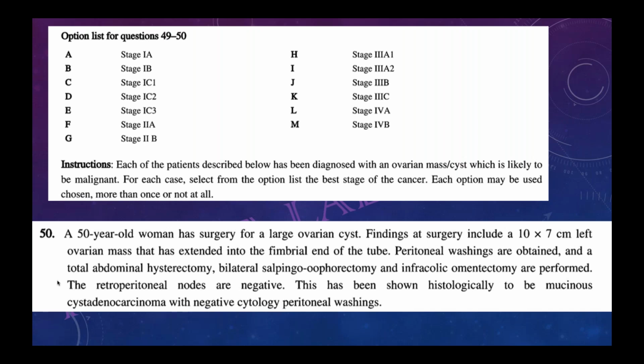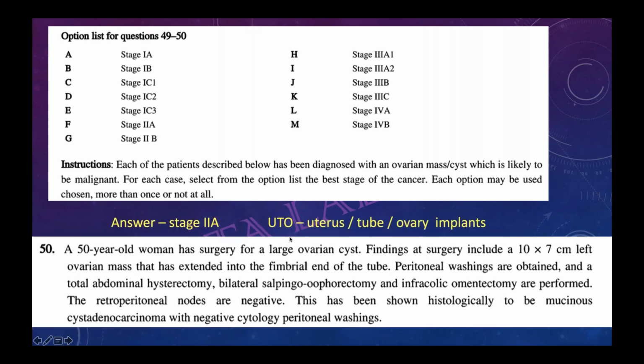Anyone answering? I'm 2A, ma'am. Very good, 2A, because UTO, uterus, tubes and ovary implants is 2A.